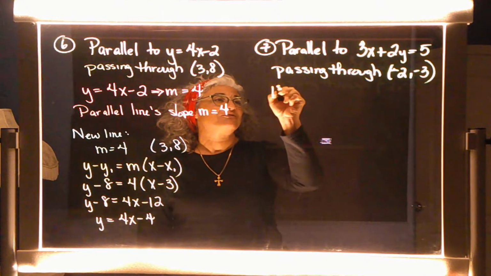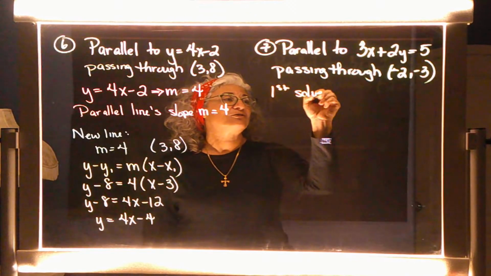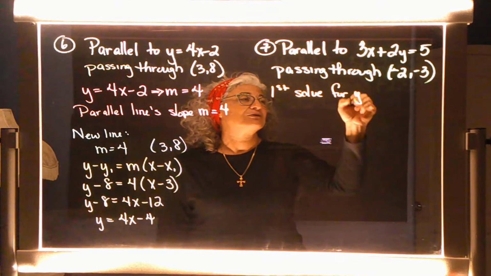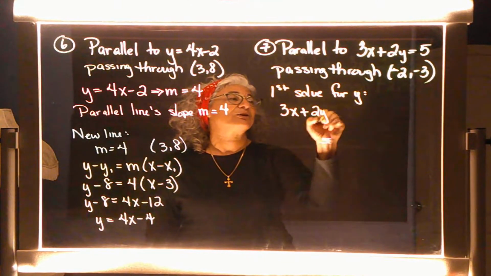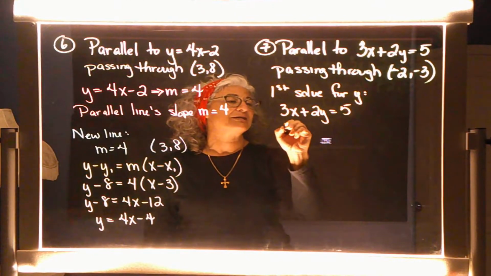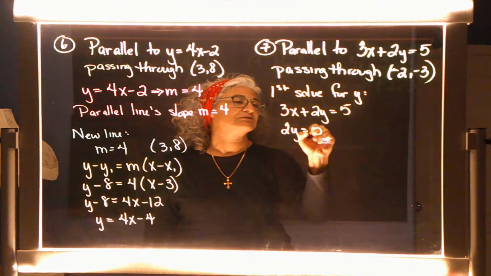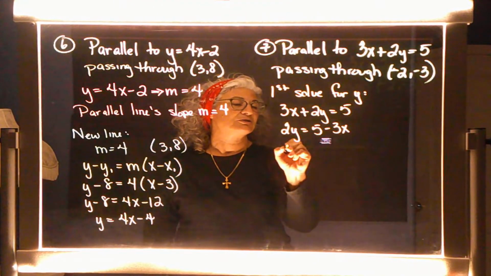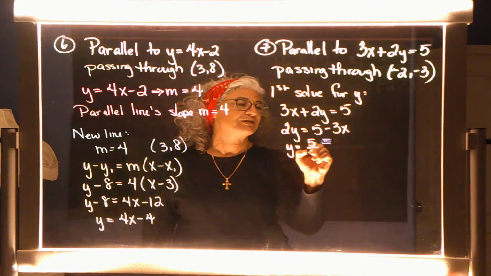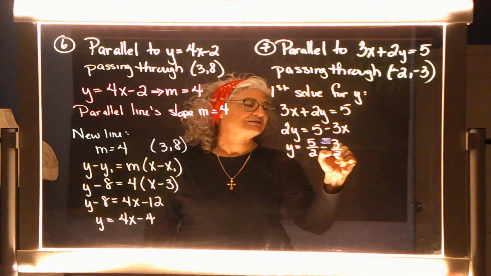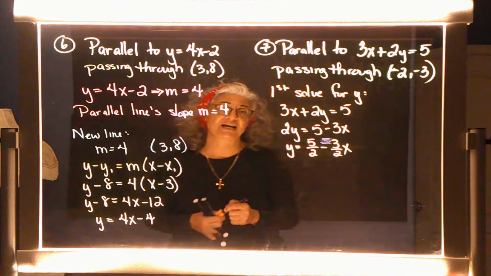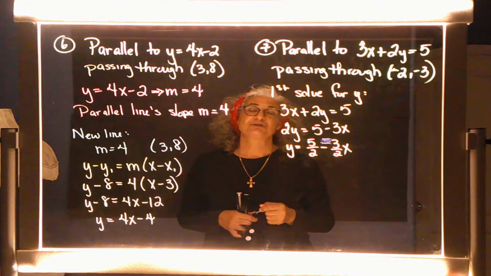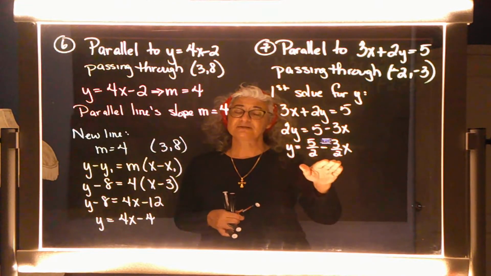So, first, solve for y, because to find the correct slope, I need the y by itself, don't I? Good. So when I do this, I get y equals 5 over 2 minus 3 halves x. Did you follow? Do you agree?